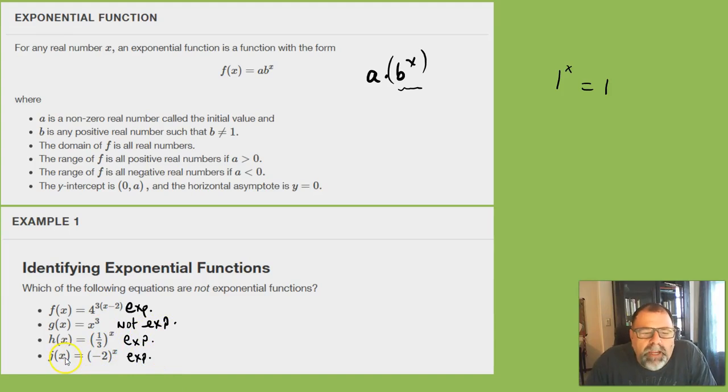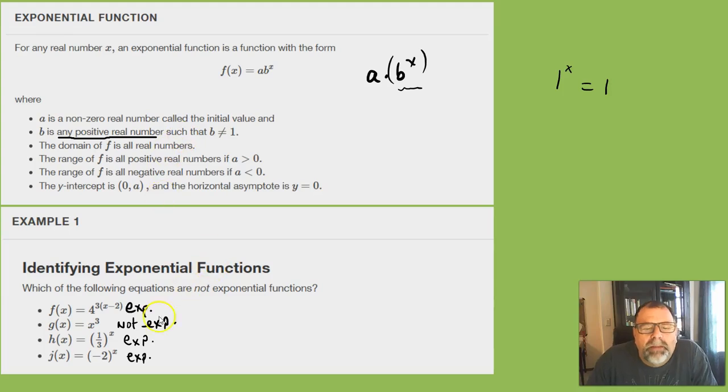Oh, that got me off guard, because look up here. I forgot one thing. A is a non-zero real number. It's called the initial value. B is any positive real number. So you can't have a negative base. The base has to be a positive number that's not equal to 1.